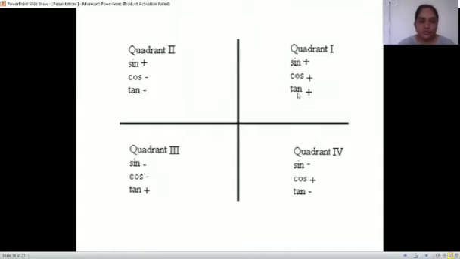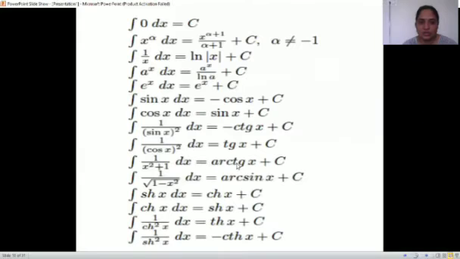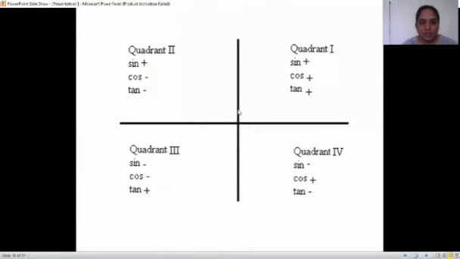Along the x-axis, sine will remain sine, cos will remain cos, tan will remain tan, right? But along the y-axis, sine will be cos, tan will be cot, and cosec will be sec, or sec will be cosec. Sorry, sine will be cos, tan will be cot, and cosec will be sec.